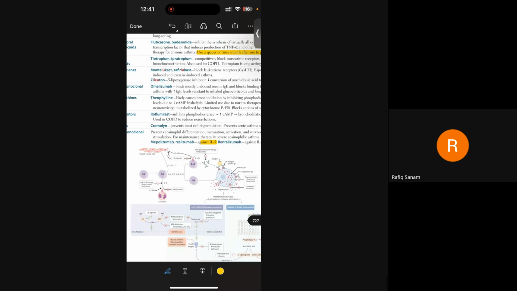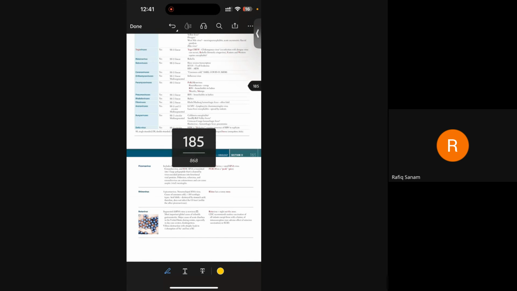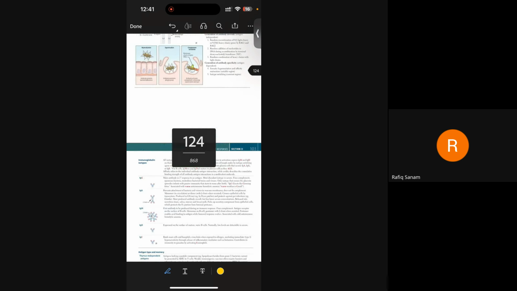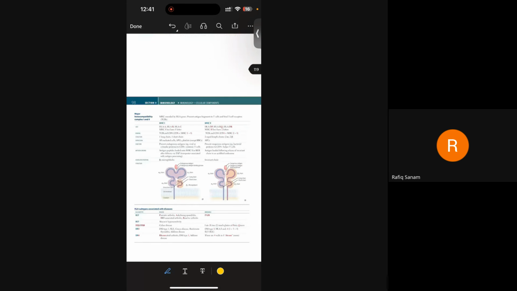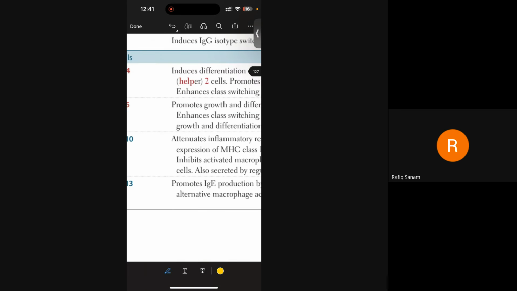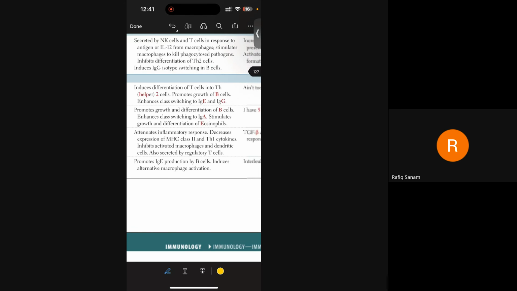It prevents eosinophil differentiation and maturation. All the interleukins are explained in much greater detail in immunology. Interleukin 5 stimulates growth and differentiation of eosinophils.